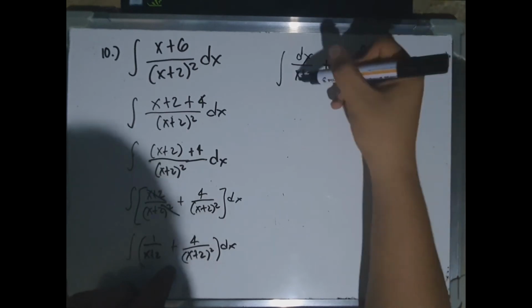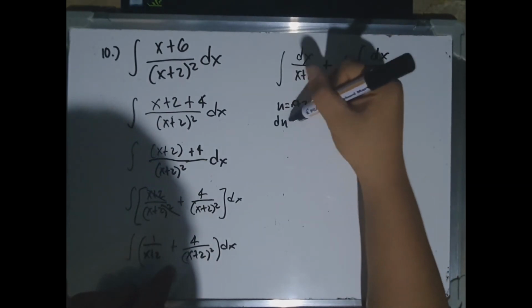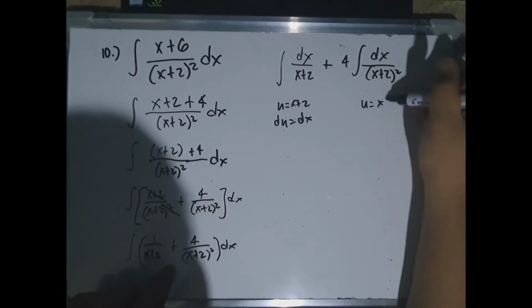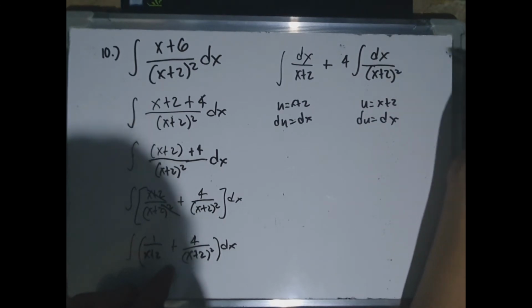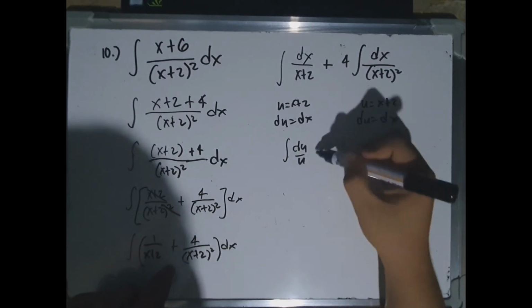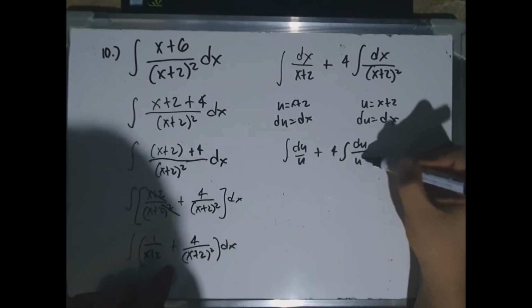Okay, if this one is the u, x plus 2, the du is dx. If this one is the u, x plus 2 again, the du is obviously dx. So this one is the form of du over u plus 4 integral of du over u squared.